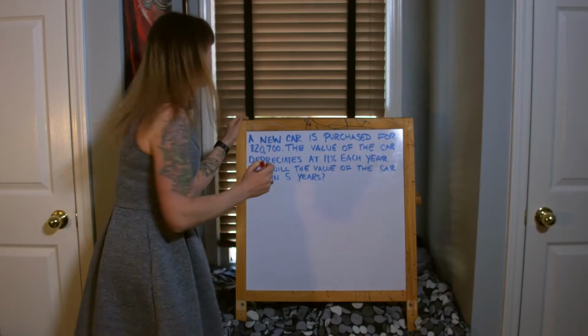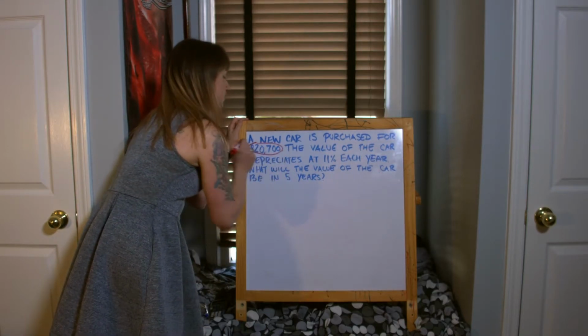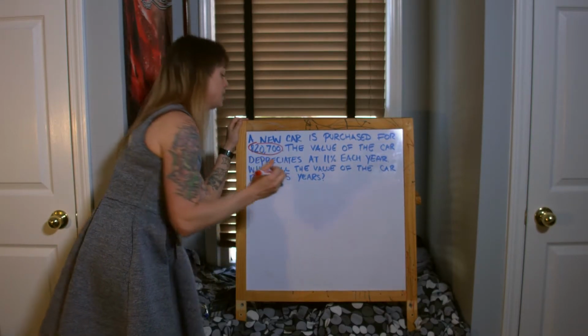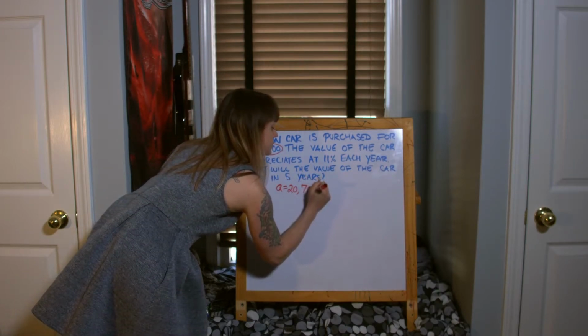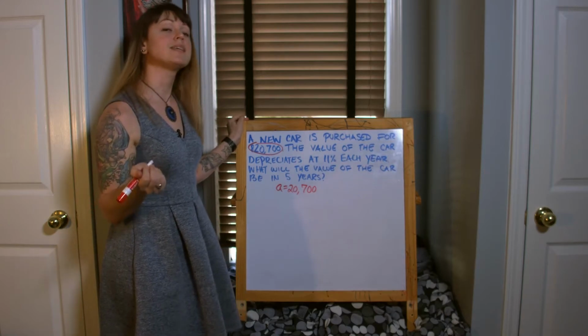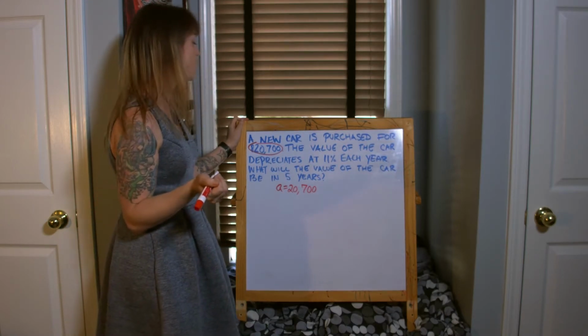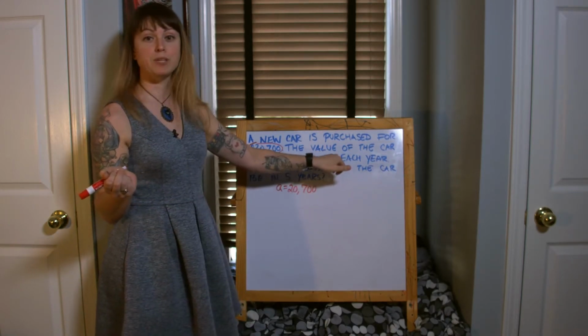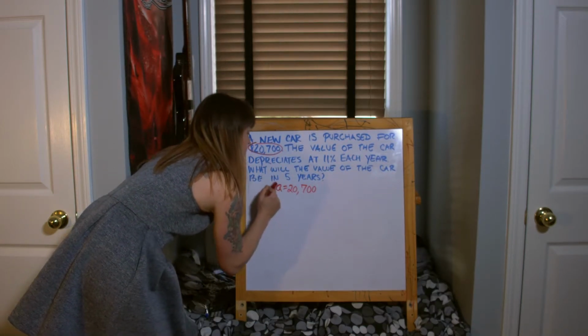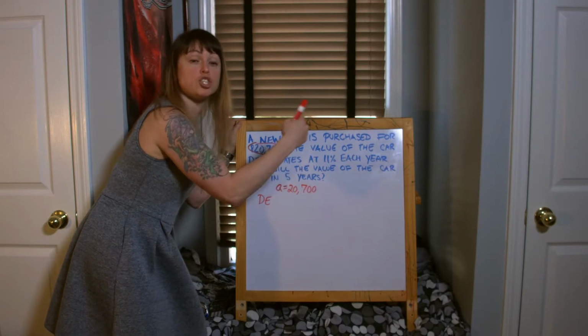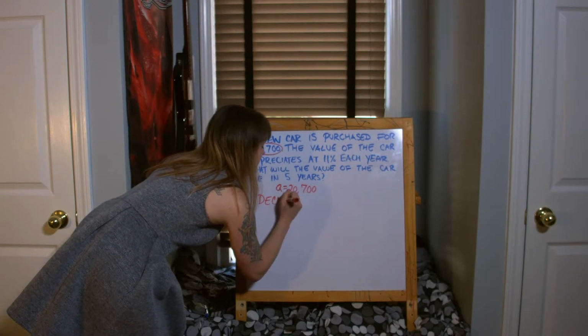So the two important things that we need to know: 20,700 is our a value. It's what we're starting at. Now, in this case, my b value, my rate, has to do with the 11% and that I'm decreasing. Because this is decreasing, depreciate means it goes down, we call this a decay function.